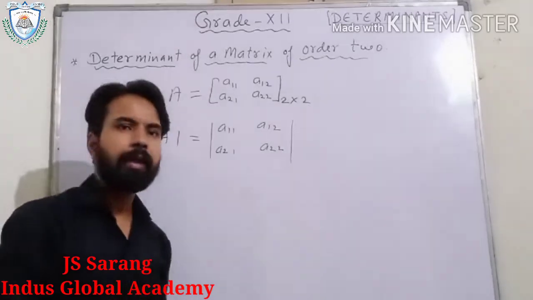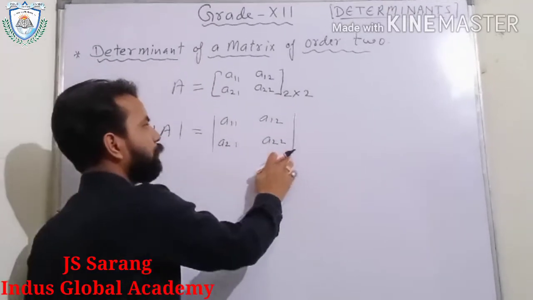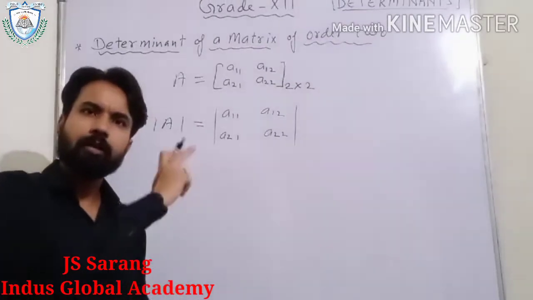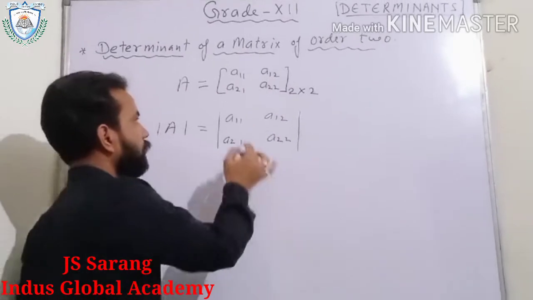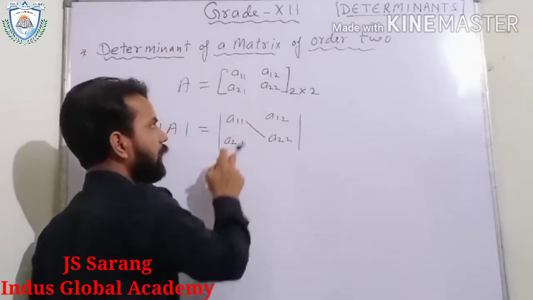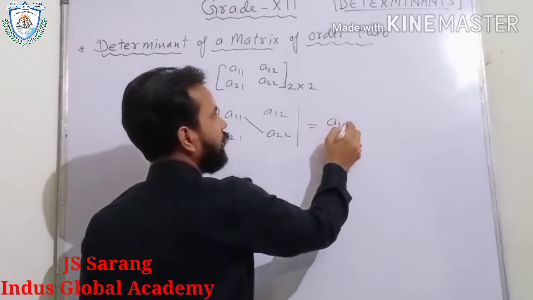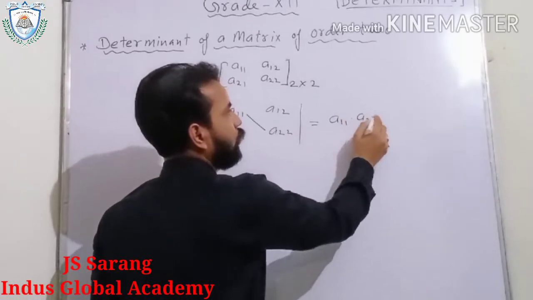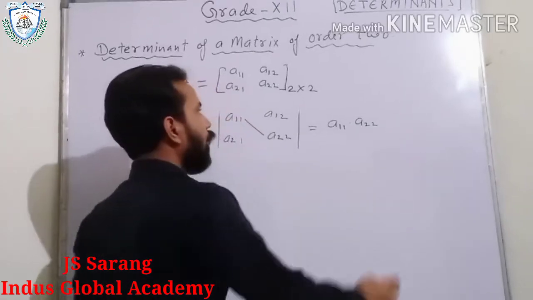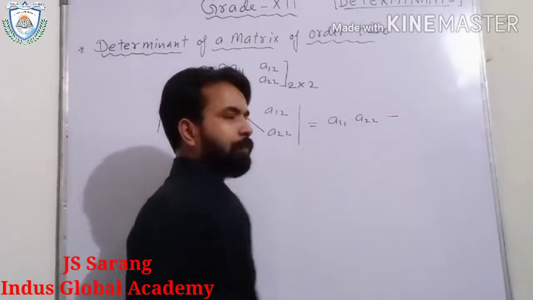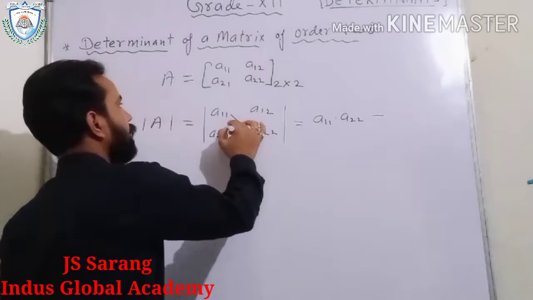Now how can we find its value? It is very simple. We will just do the cross multiplication here. How? First we will multiply these two elements, A11 into A22. Understood? Now we have to put a minus sign here.